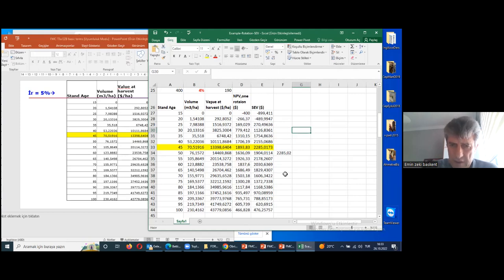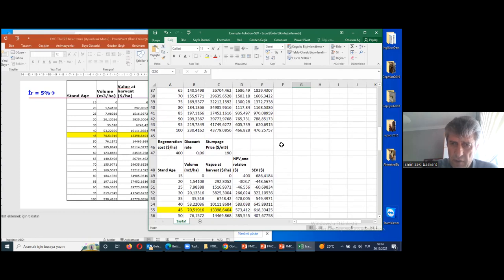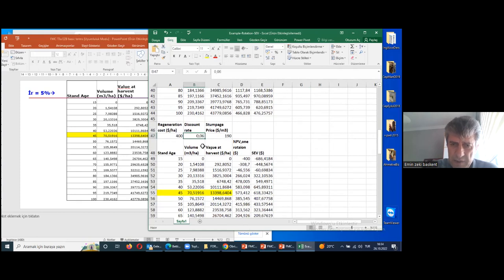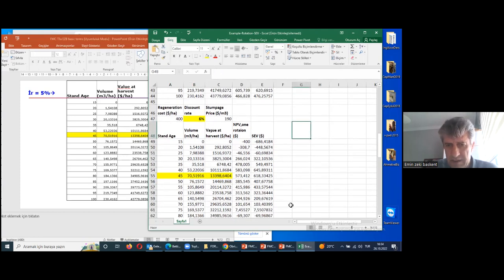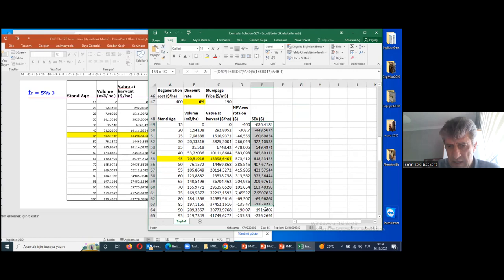Let's increase to 6%. What happens? You can just keep track of the calculation. The same set of calculations, same yield curve, everything is the same, we have only changed the discount rate from 4 or 5% to 6%. So here is the result.